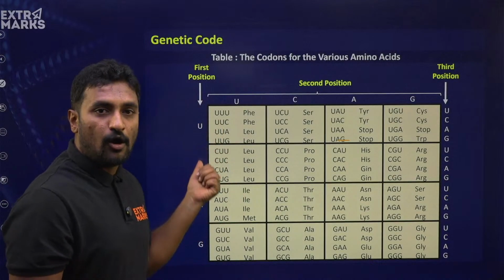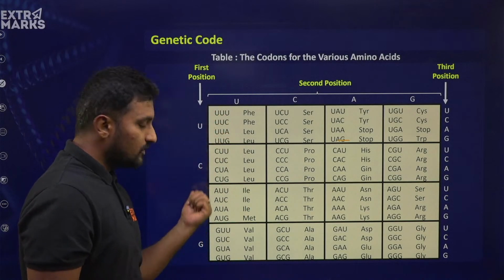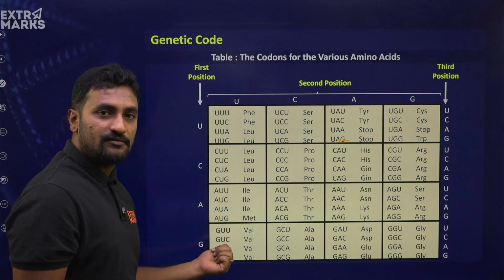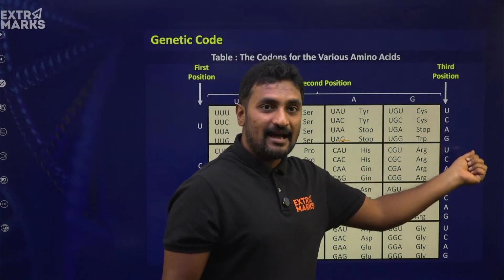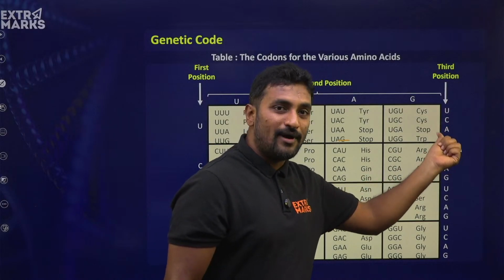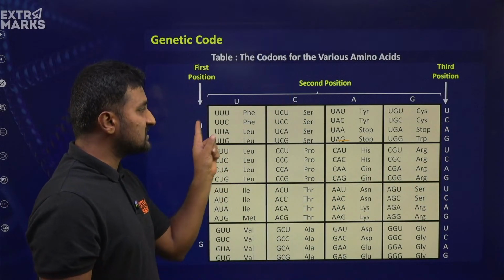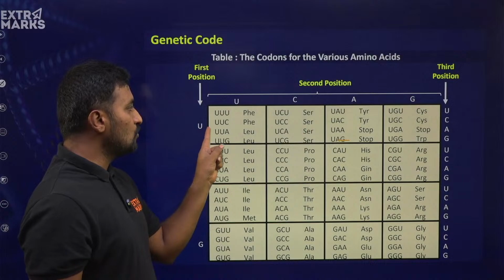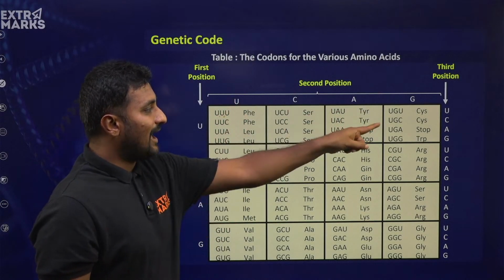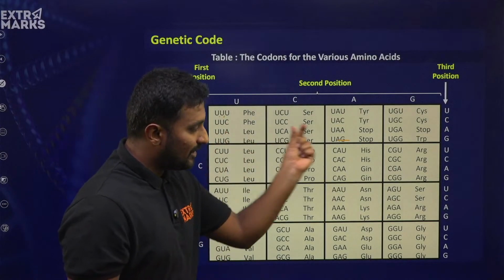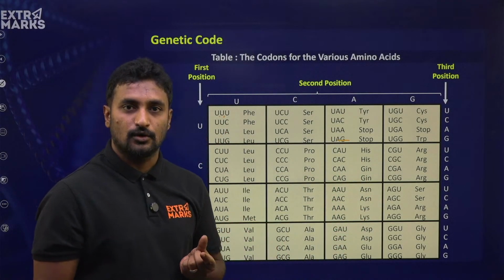On the right side, you can see one letter for every box. On the top also, one letter for every box. And on the left side you can see UCAG for every box. Now take the first letters of everything like U and U, and again U and C. Like that, if you write, you can remember all the 64 codons.